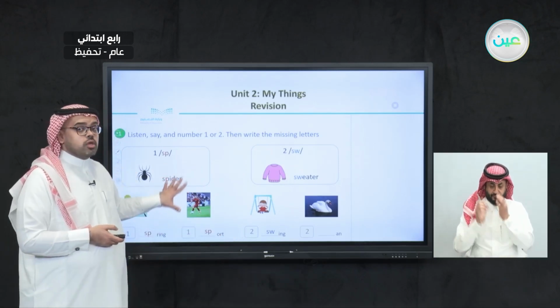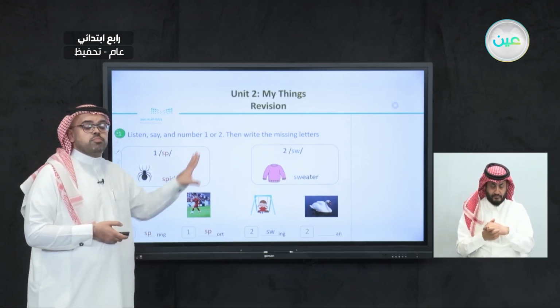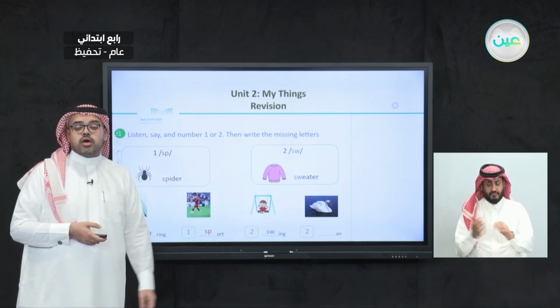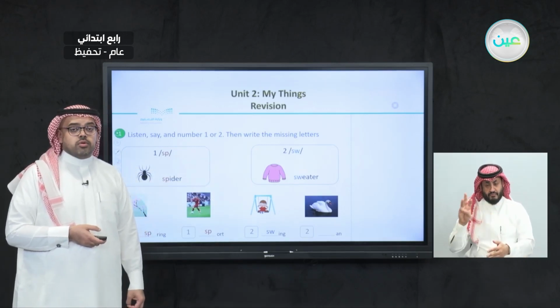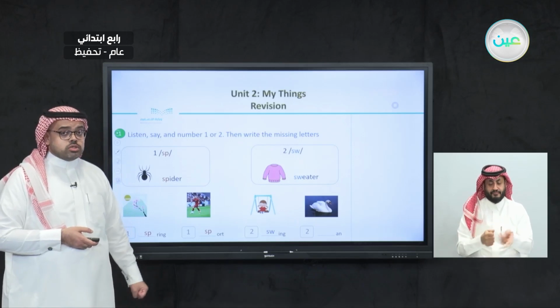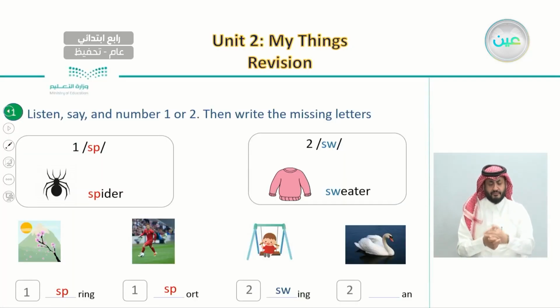Now we have three words with the first sound, SP, and three words with the second sound, SW. Let's listen to them one more time. The words we have with SP are spider, spring, and sport. And the words with SW are sweater, swing, and swan.